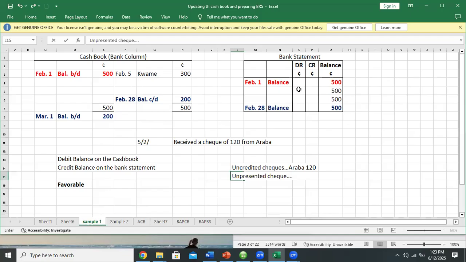Okay. So Kwame, how much? 300. Now let me keep Araba's transaction in there. So now that you appreciate these two scenarios, I'm putting all the figures in there, so that we can make some sense out of it.